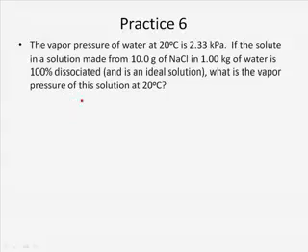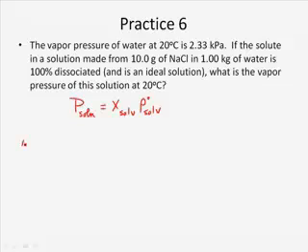So what did Raoult's law say? It said that the vapor pressure of the solution is the mole fraction of the solvent times the vapor pressure of the pure solvent. Now the thing we have to realize is that when we're finding the mole fraction, the moles of solute are going to be the moles of solute particles.